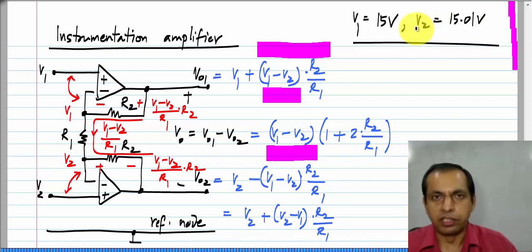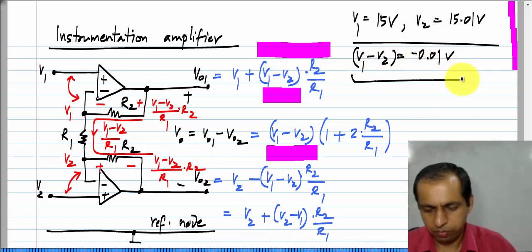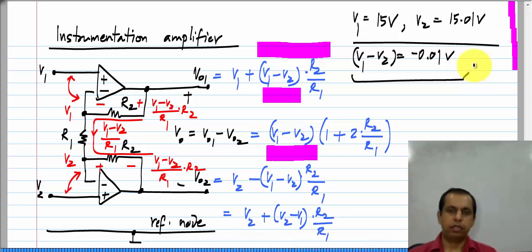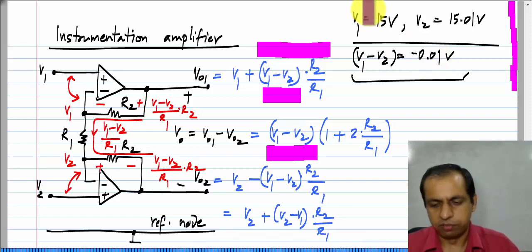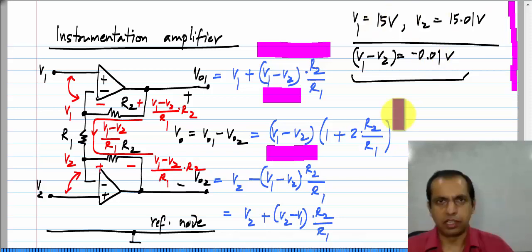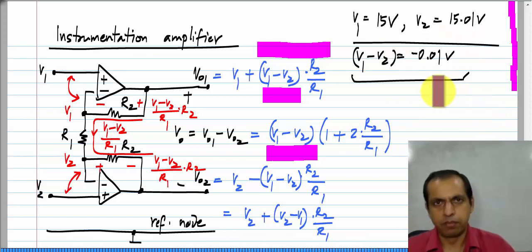And I am interested in only the difference V1 minus V2, which is actually a very small number, which is minus 0.01 volts. I need a circuit that amplifies this very small difference and ignores the fact that each of these voltages is large. So, that is, it emphasizes the difference.